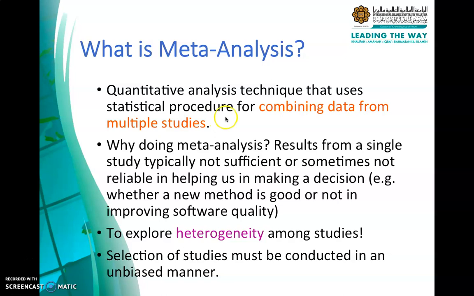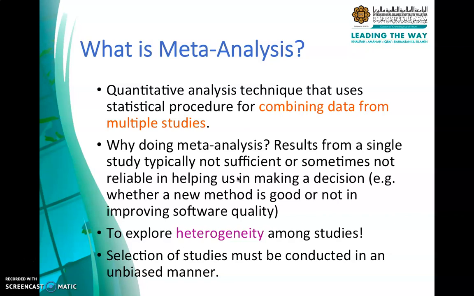Why do we do this meta-analysis? Because when we want to make a decision, sometimes the results from one single study are not sufficient, or not reliable enough, in helping us make the decision. So let's say, for example, we wanted to know whether a new method is good or not in improving software quality.